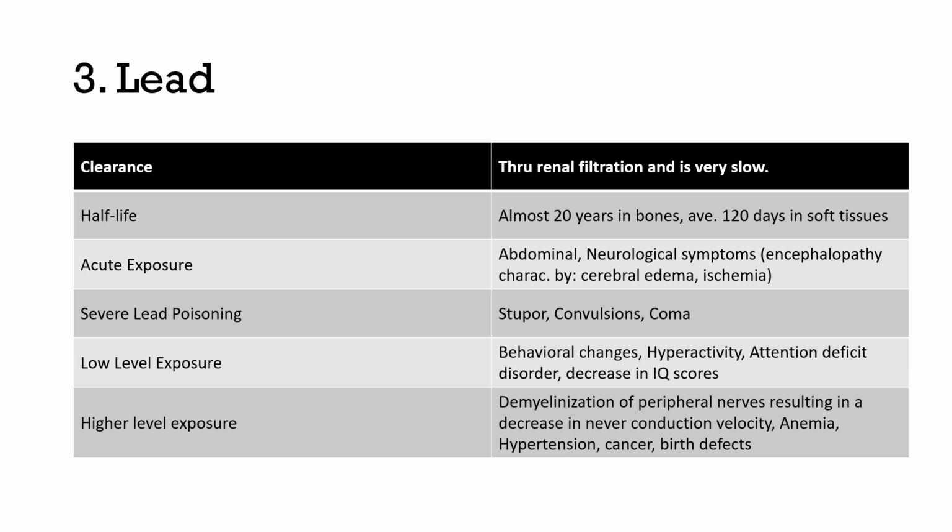If severe lead poisoning, there would be stupor, convulsions, and coma. Low-level exposure would have behavioral changes, hyperactivity, attention deficit disorder, and decrease in IQ scores, and high-level exposure would give demyelinization of peripheral nerves, resulting in a decrease in nerve conduction velocity, anemia, hypertension, cancer, and birth defects.